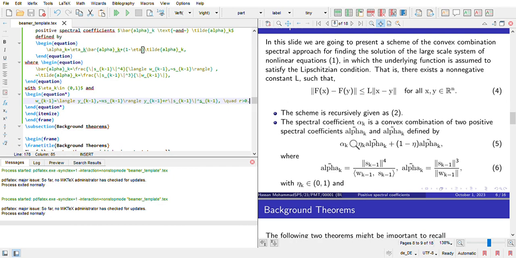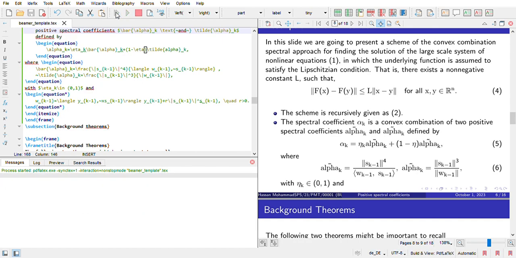Where we put alpha, we didn't put the backslash before alpha. So we have to put backslash to give us alpha. Backslash, where is another alpha? This is another alpha. Backslash, then let me run it again.